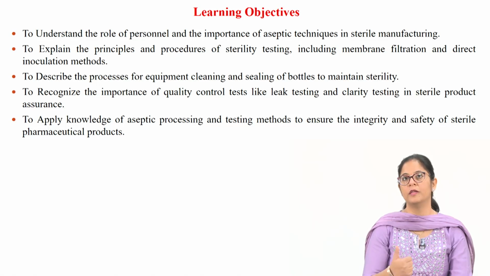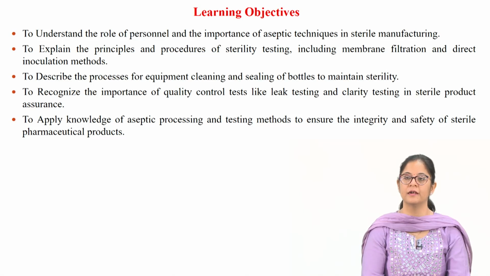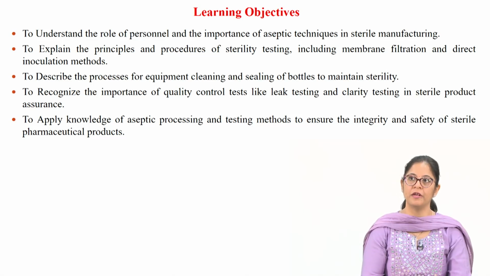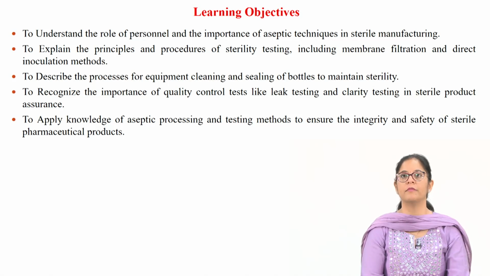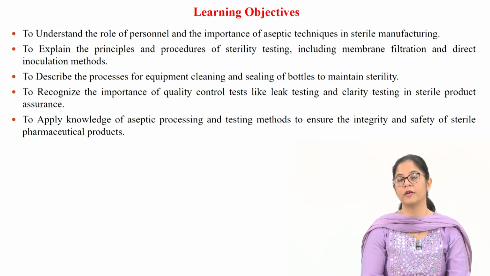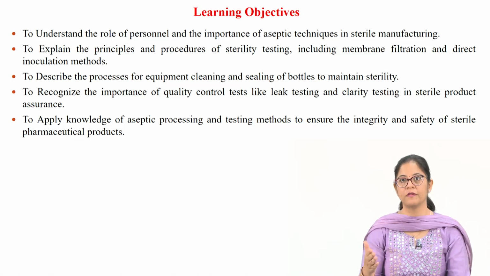So we will be looking now into the principles and procedures of how sterility testing can be done using membrane filtration and direct inoculation methods. Also, what requirements there are for the personnel involved in the formulation of the sterile products and how they contribute towards aseptic processing.